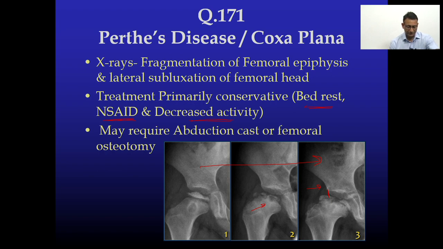If all these things do not help, then we might go for casting in abduction so that the femoral head can be contained in the acetabulum and there is an adequate stimulus for the formation of the femoral epiphysis. If all these things do not help, then femoral osteotomy, varus derotation osteotomy, is the treatment of choice.